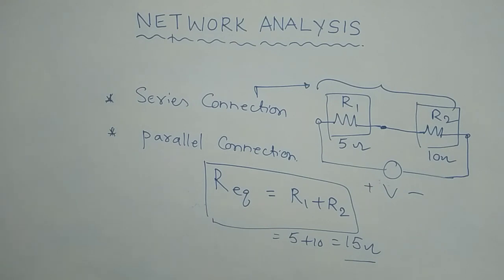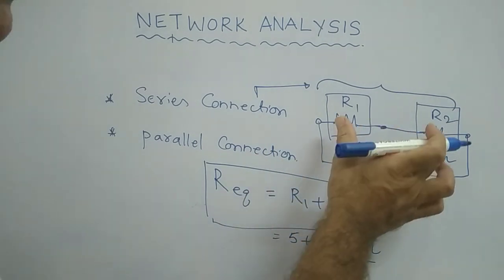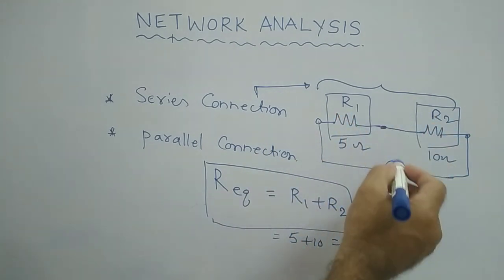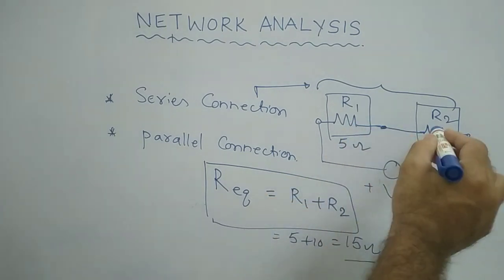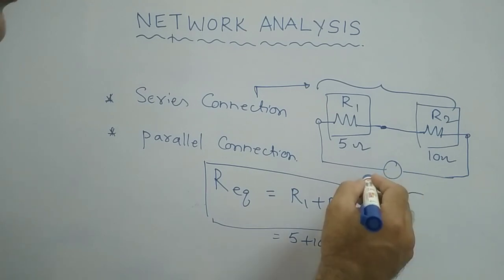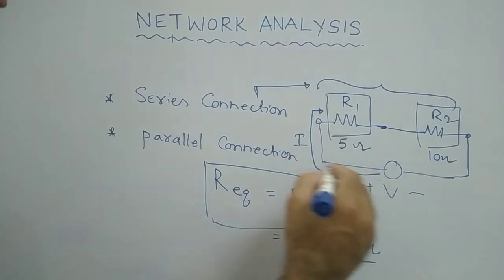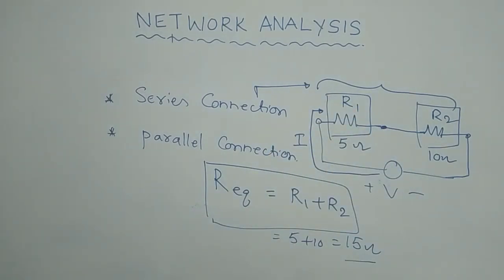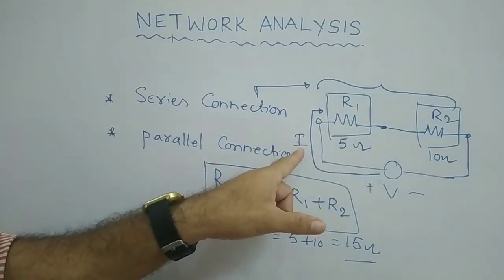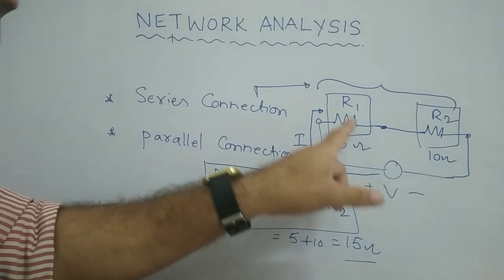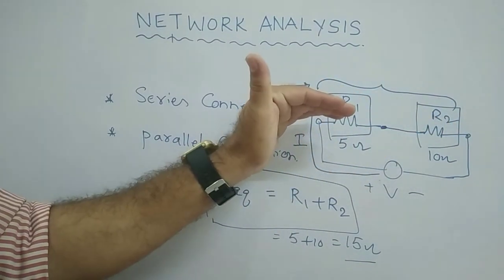Whereas, here one important thing that I would like to explain is that if these two are connected like this across some voltage source V, whenever we connect these two resistors in such a way that because of this voltage source some current I flows through the circuit, then in this series connection, whatever current is generated by the voltage source, the same current flows through both the resistances.